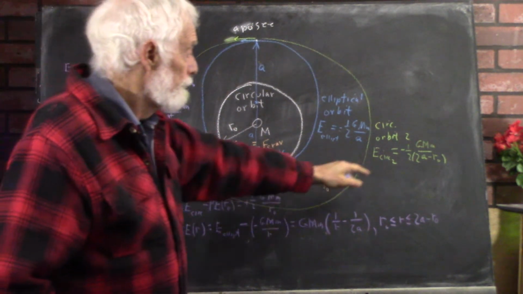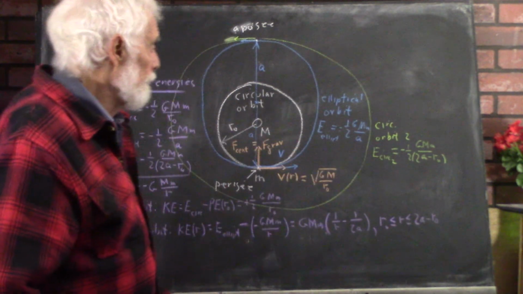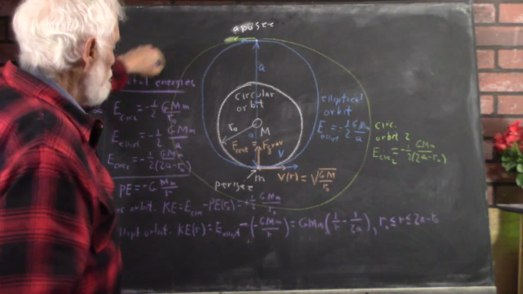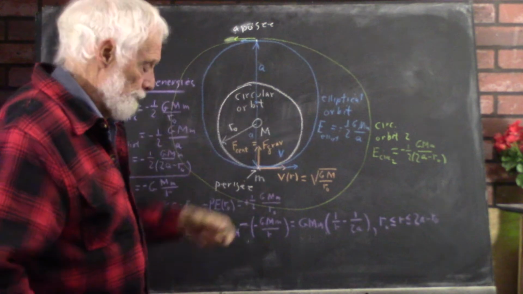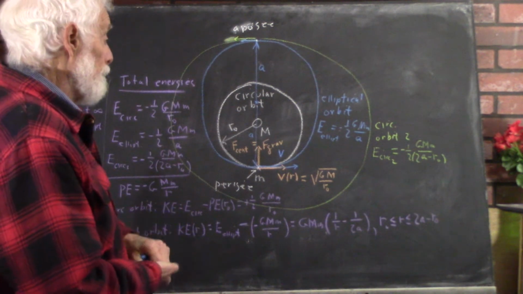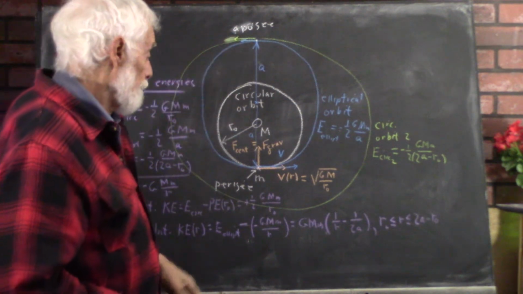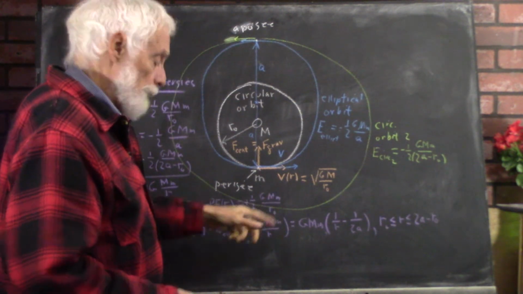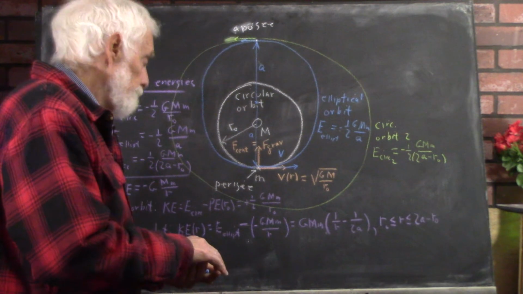From this, we can figure out the speed we would need for this orbit. And that's very straightforward. You just subtract the potential energy in this orbit. Well, let's write it out.